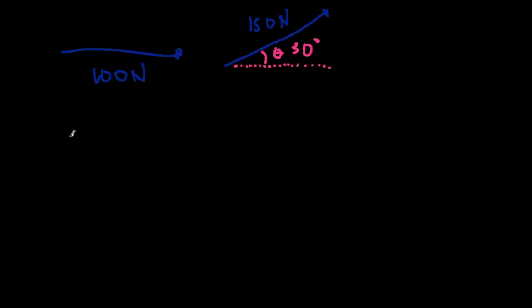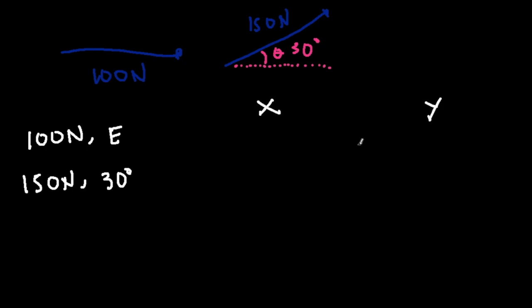First, let's list down what we have. We have 100 newtons to the east, and then we have 150 newtons, 30 degrees. All right, so we will get the x and y components of these two vectors respectively.